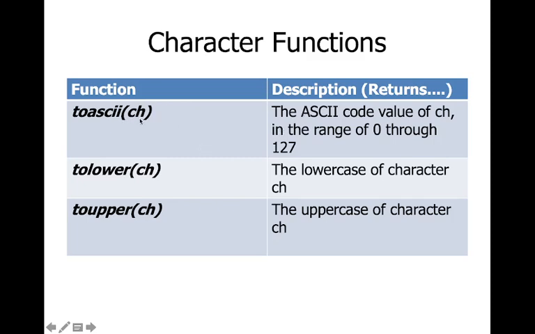If you enter A, then A will be converted to the corresponding ASCII code, which will range from 0 to 127. tolower of ch: if ch is an uppercase letter, it will be converted to a lowercase letter. So if we enter capital A, then it will be converted to lowercase a. Then we have the toupper function also.